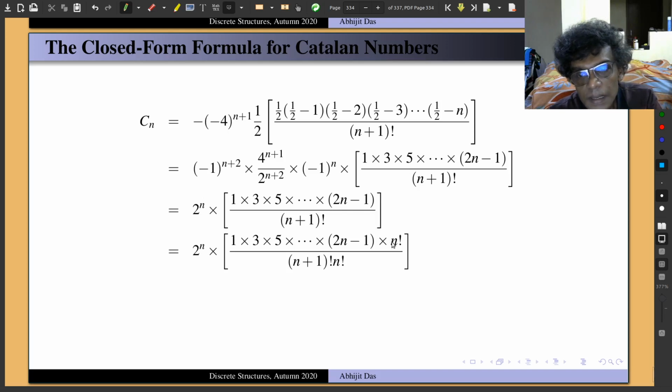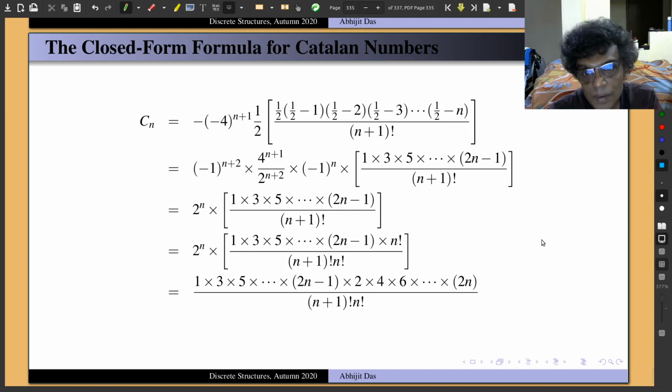Now this n factorial I write as 1 times 2 times 3 times 4 up to n. And I absorb one factor of 2 in each of these, so that now becomes 2 times 4 times 6 times 8 up to 2n, right? So n factorial with each factor absorbing a power of 2. This is 2 times 4 times 6 times 2n.